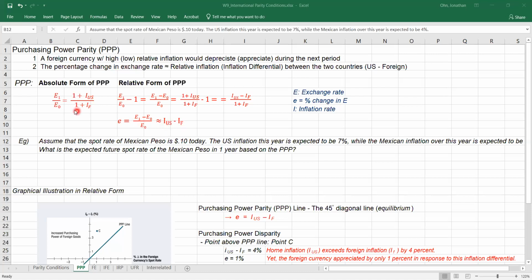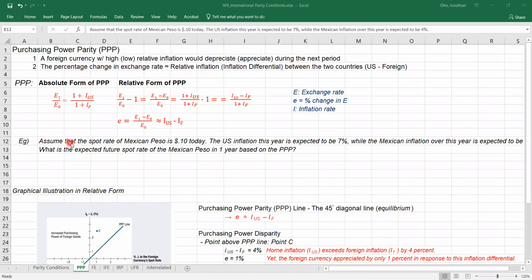So we have two forms here, the complete form and the short form. All right, now understand.